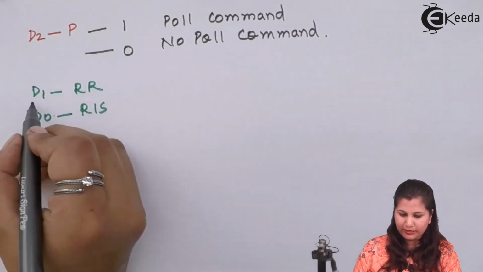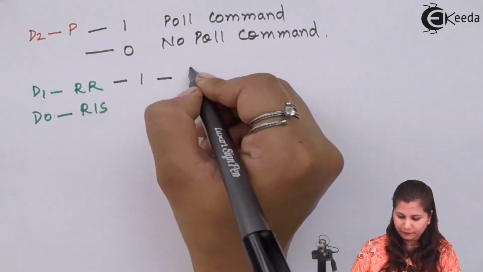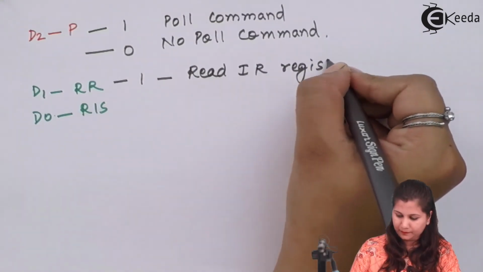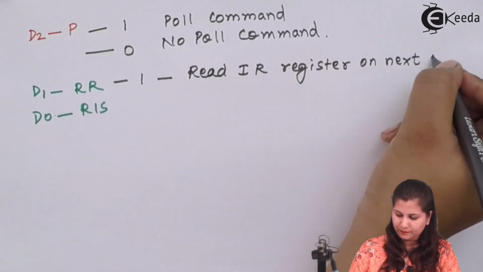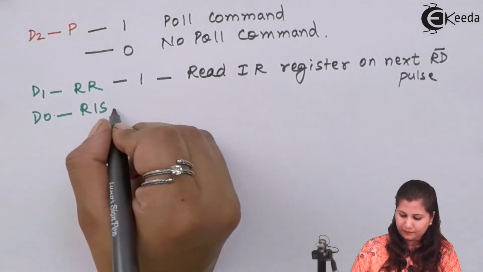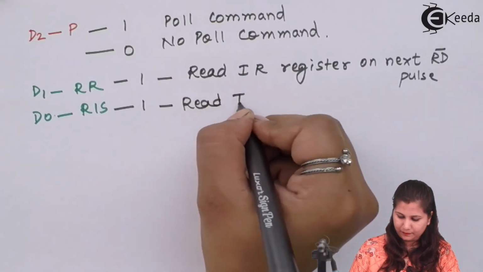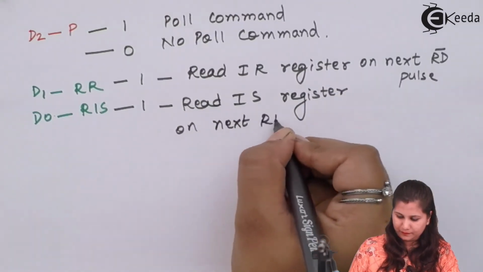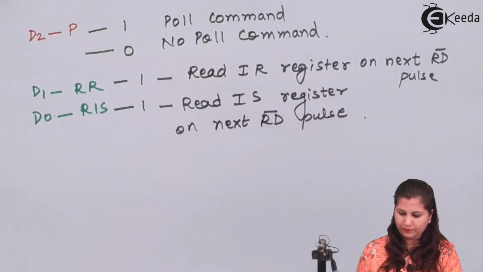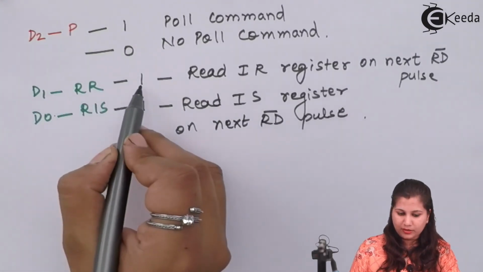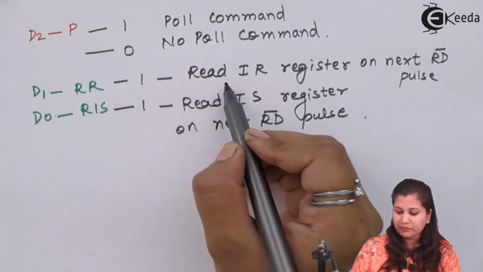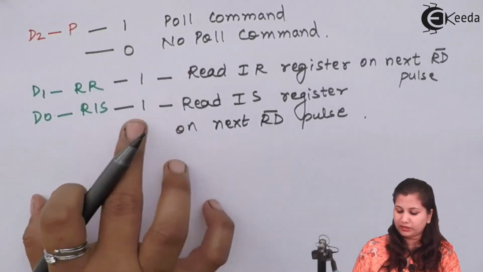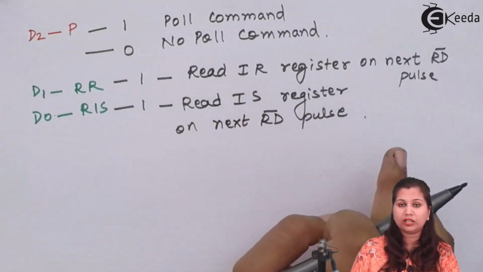When this D1 bit is 1 and the RIS bit is 0, the IR register will be read on the next read pulse by the 8259, and if D0 is equal to 1, then the IS register, the in-service register, will be read on the next read pulse.